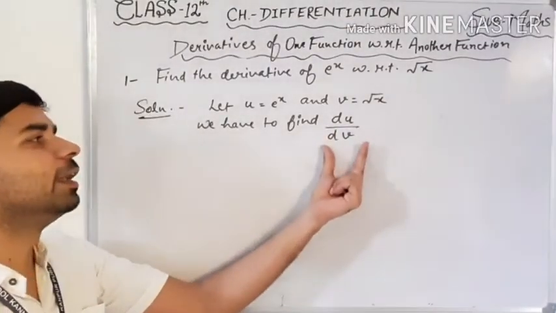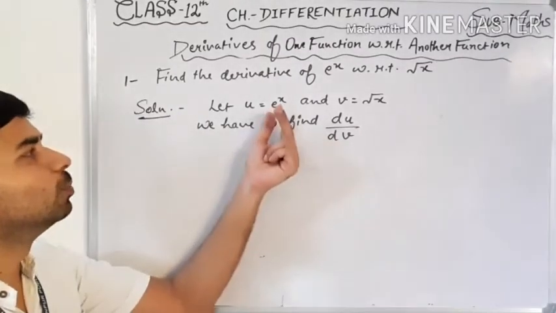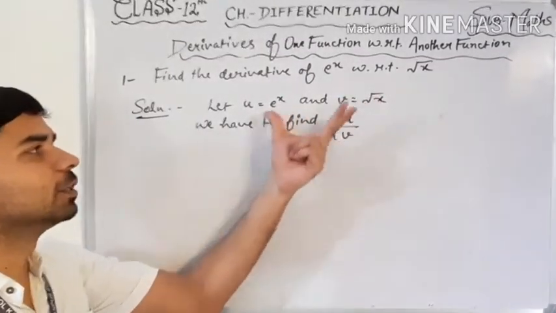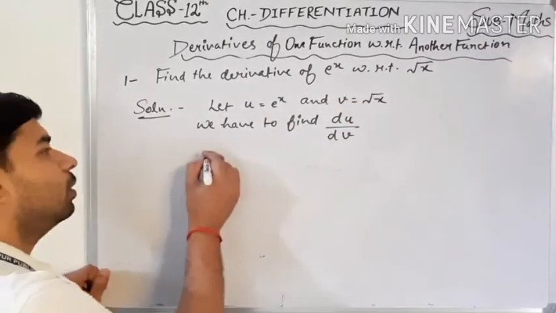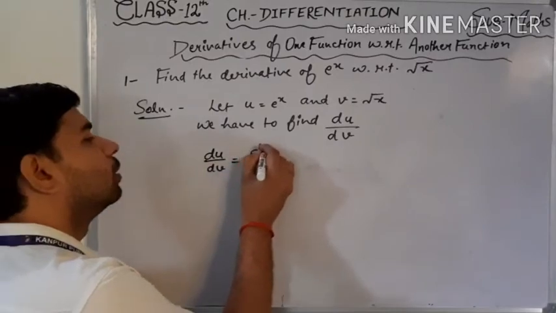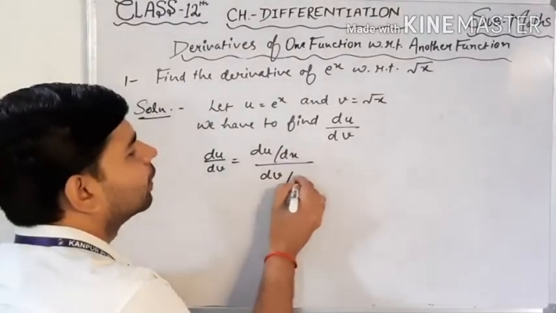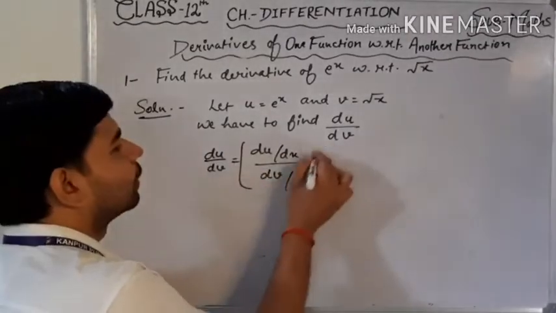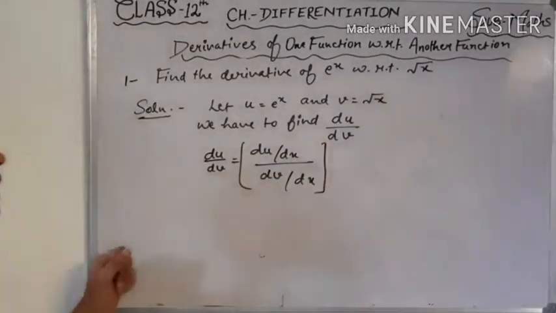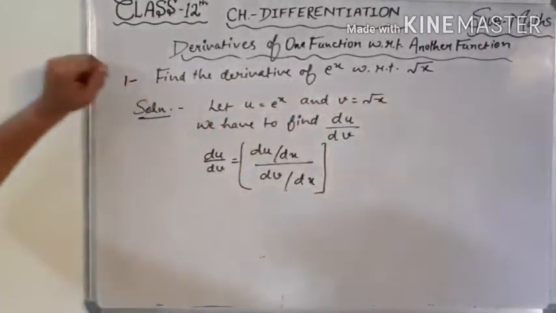We have to find du over dv. Now you see both u and v are functions of x. So du over dv equals du over dx upon dv over dx. This is the method to find the derivative of some function with respect to another function.